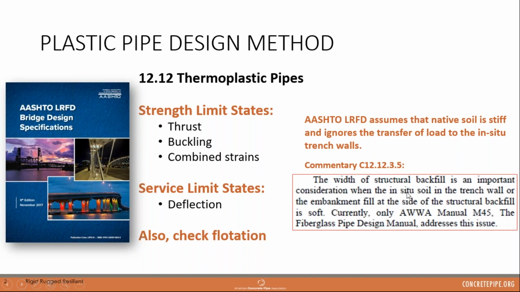For situations outside of that, where that assumption might not apply, they reference the AWWA manual M45, which is actually the fiberglass pipe design manual. And what they outline in there is that if you run into those situations, you basically just need to increase your trench width. Sometimes up to 5 pipe diameters might be necessary if you have really weak soil. So obviously something to just be aware of right from the start.